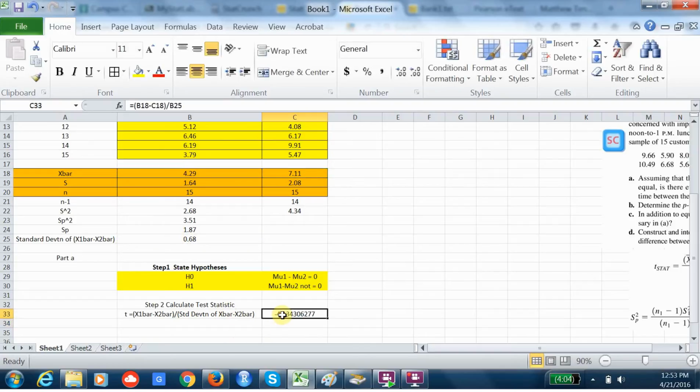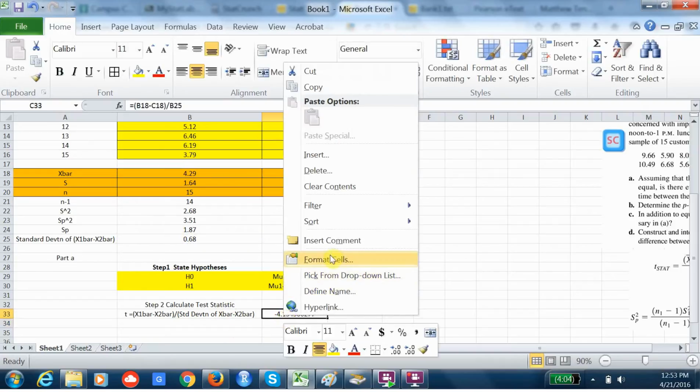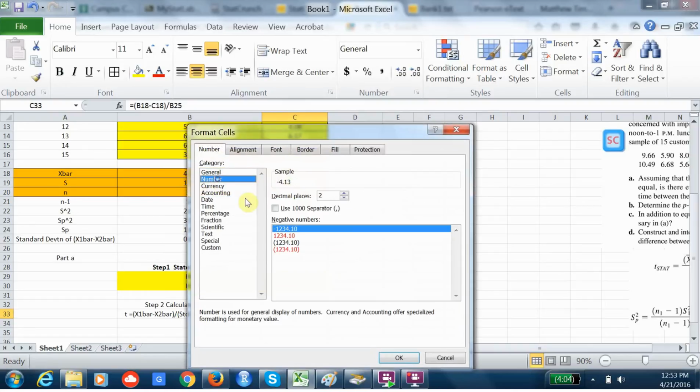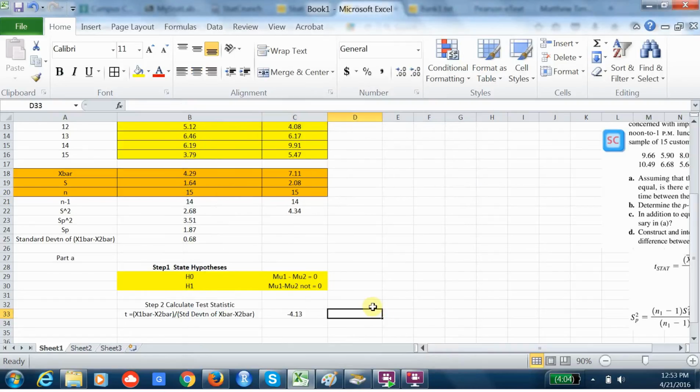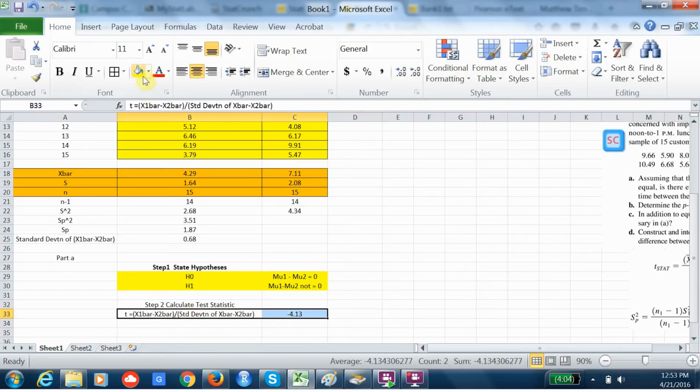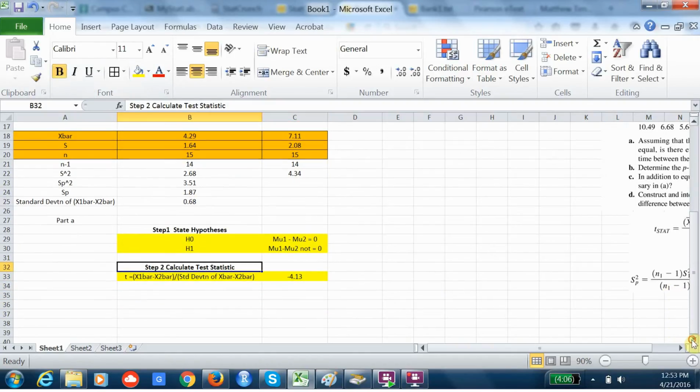Okay. And so this is my test statistic, and you can see it's very large. So I know already I'm probably going to reject. Even if it's a t-statistic, when it has a value of greater than 4, that's considered very large. Now we want to compute the p-value.